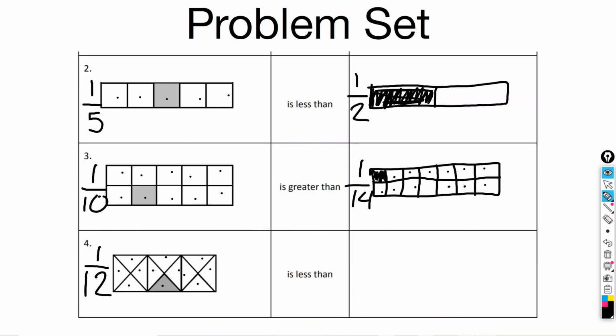So that means it'll be broken into fewer pieces, therefore making it a bigger piece. So first I'm going to start with the same shape. And I'm going to break it into 3 pieces. I'm going to shade one of them. I have shaded one piece out of 3 pieces altogether. Well, 1/12 is less than 1/3.